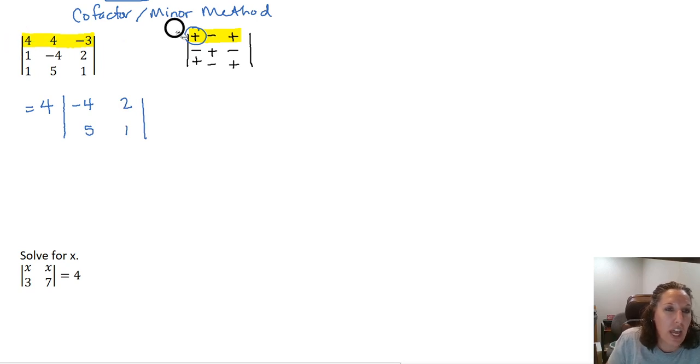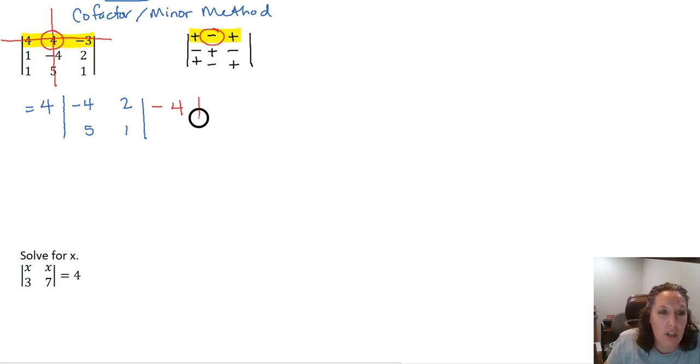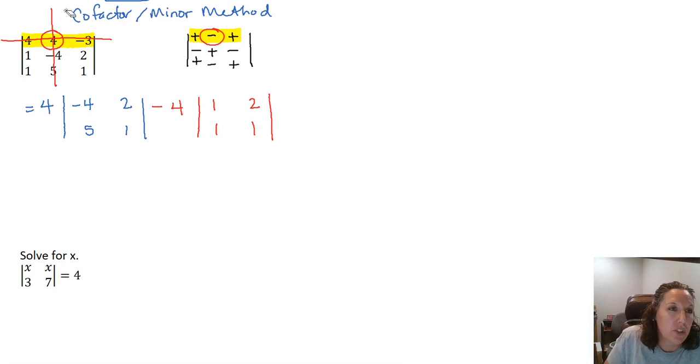Now let's look at the second 4 there. That one's going to be a minus, so we're going to have minus 4, and then if we cover up the row and the column that contain that 4, what we have left is 1, 2, 1, 1. So that would be the minor for that second 4 there.